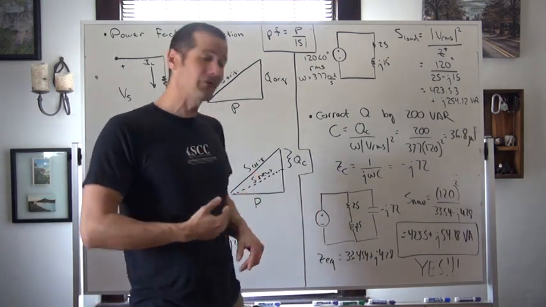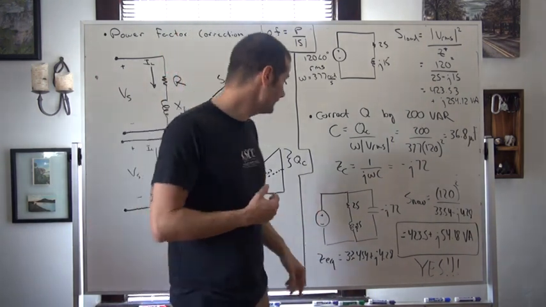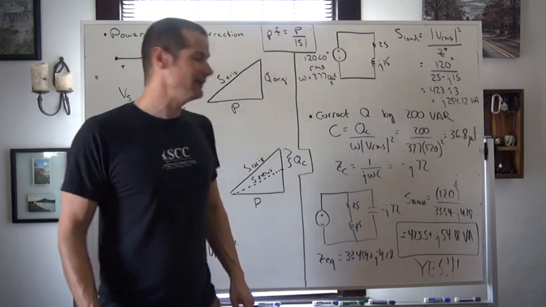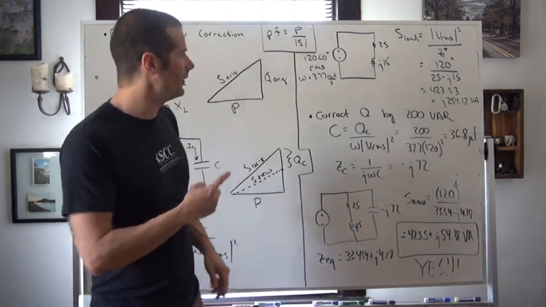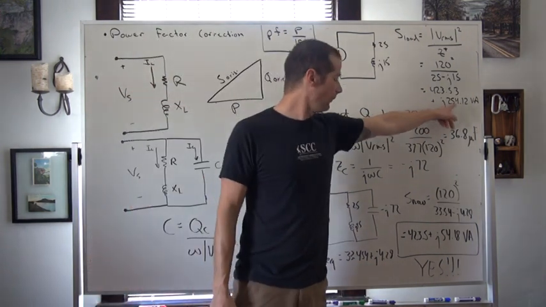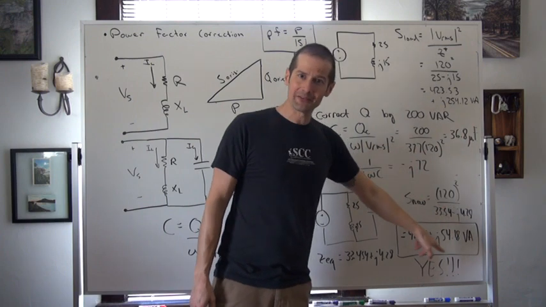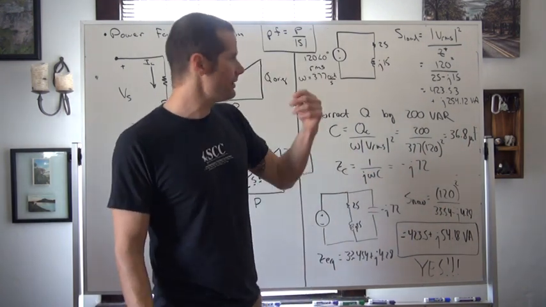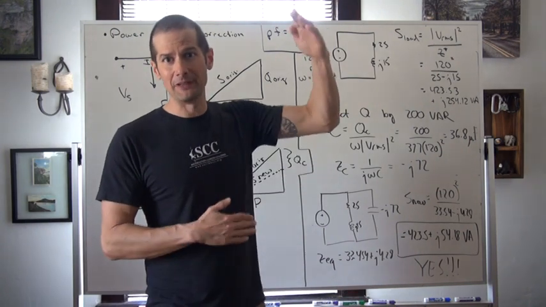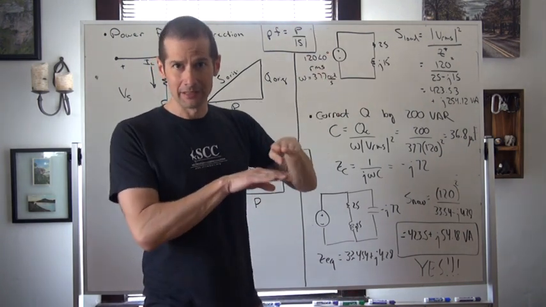And that actually gives us 423.5 plus j54. Oh, man, look at that. Now the new reactive power becomes just 54 var. So essentially, we brought that 254 down by 200, down to 54.